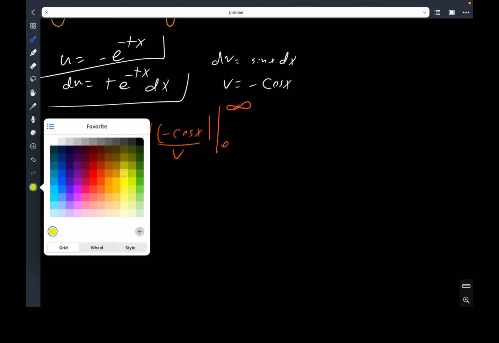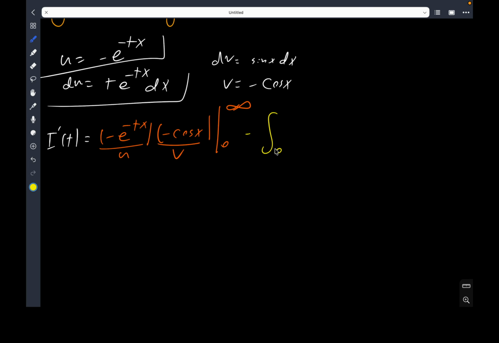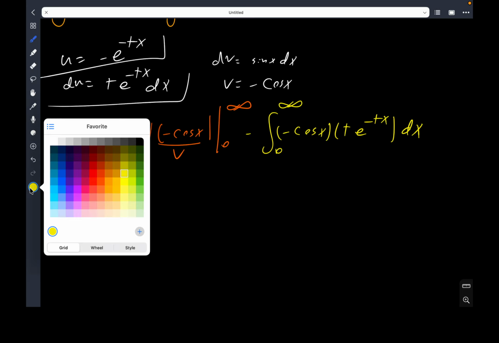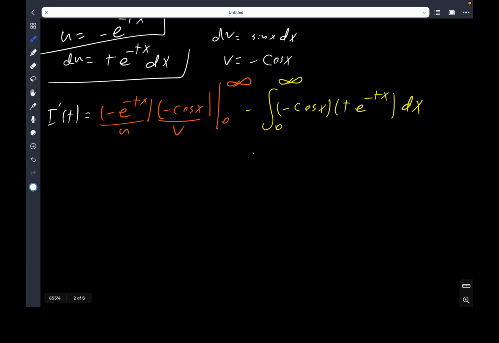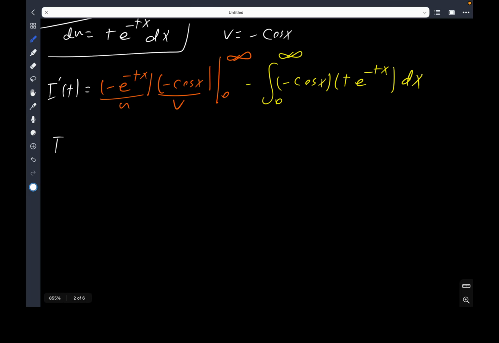The next part is minus the integral from 0 to infinity of negative cosine x times du, t e to the negative tx dx. So these two negatives are going to cancel out, and I can write my I prime of t.